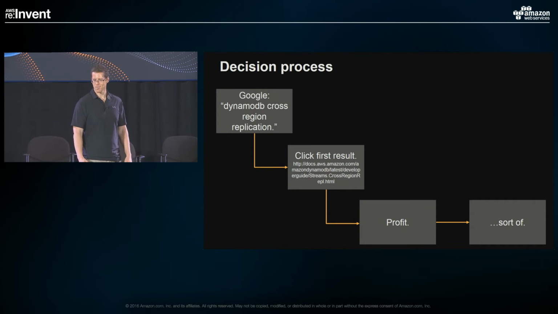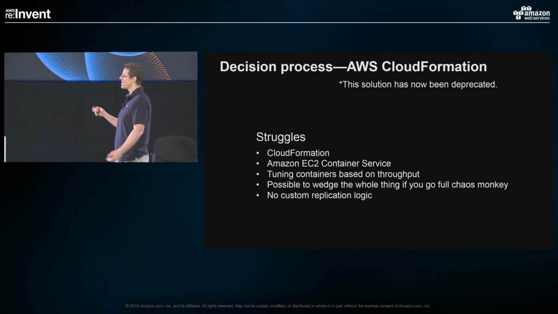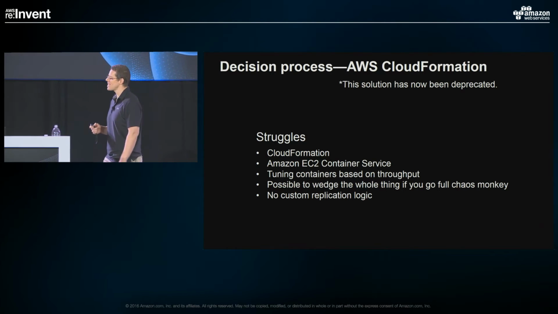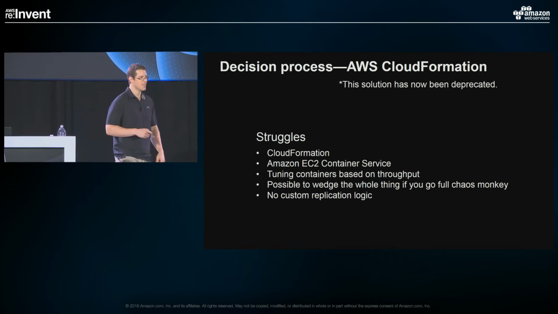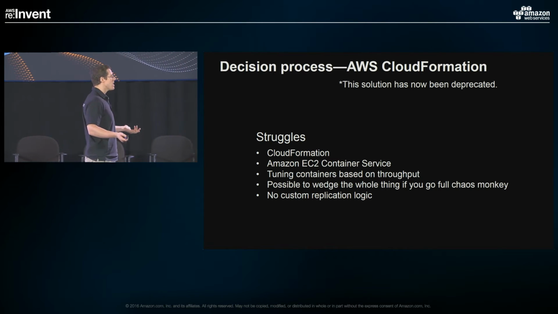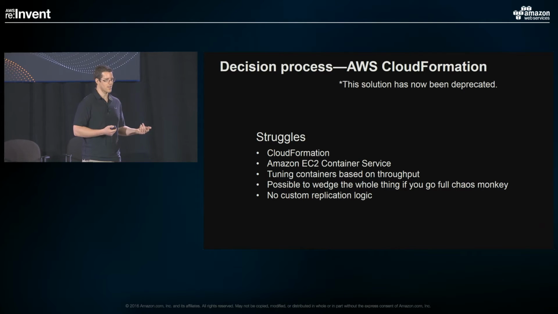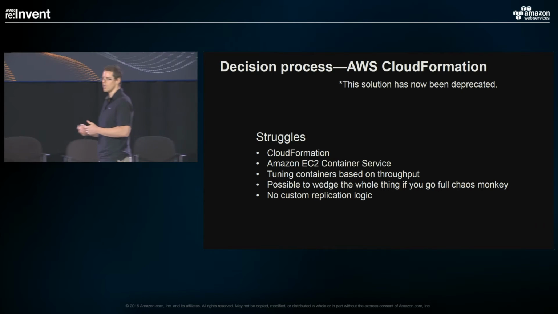The first solution that I clicked was the AWS CloudFormation template that they provided to you to do this. It's actually deprecated, so there's not too much reason for me to talk about it a lot. But it would spin up containers in ECS, and it would use those containers to do the replication for you.